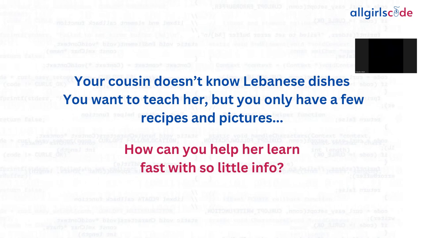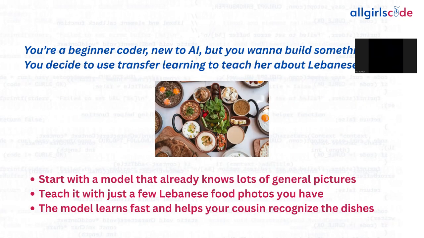Here comes the power of transfer learning. So let's say you are a beginner coder, you don't know a lot yet, which is normal, and you want to build something really cool. You decide to use transfer learning to teach your cousin about Lebanese dishes. So here's what you're going to do. You're going to start first with a model that already knows a lot about general images, so any random image, it can identify.